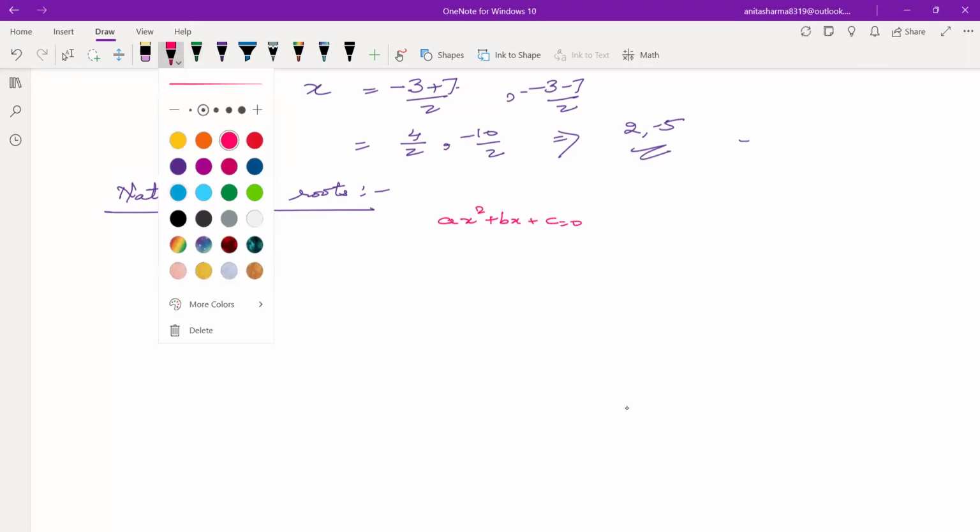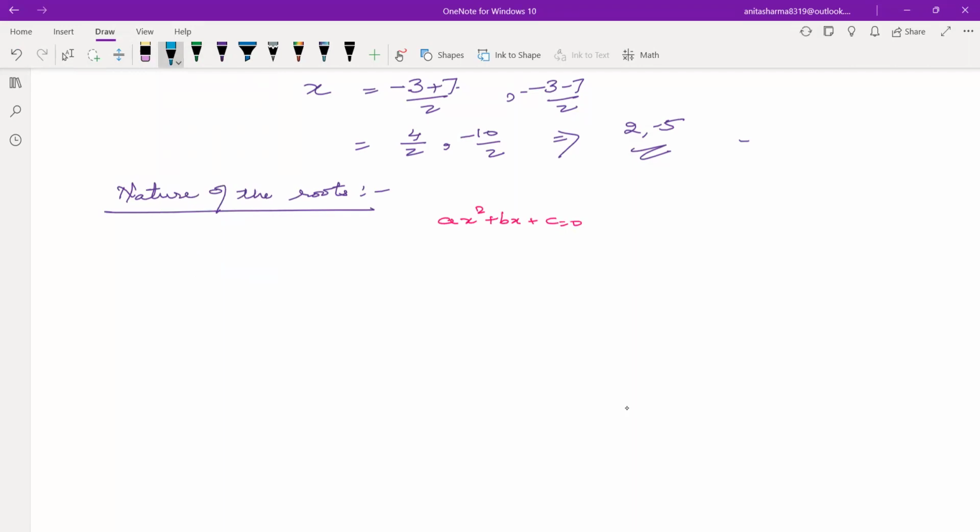Then first you will find the discriminant. Discriminant will be b square minus 4ac. This will not be asked in your exam. They will ask you only to find the solution of this quadratic equation, or they will ask you to find the nature of the roots. Clear?